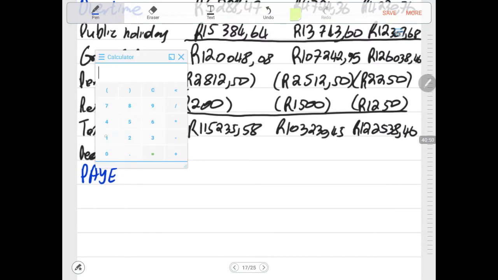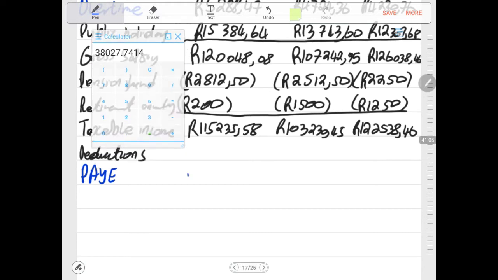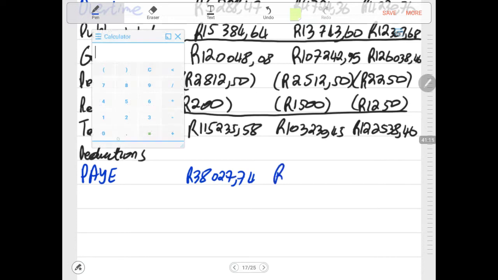So what do we do? We say 115,235.58 times 0.33. We get 38,027 rand 74 cents as the deduction of pay as you earn. Second one is 27%, 0.27 times 103,230 rand 45 cents.